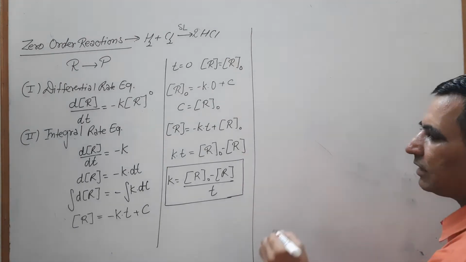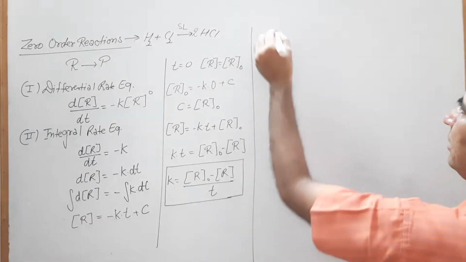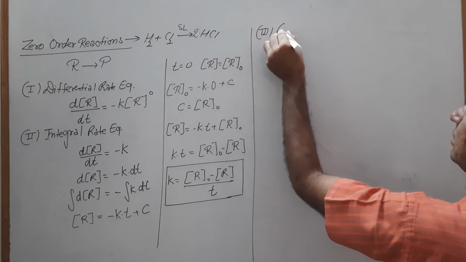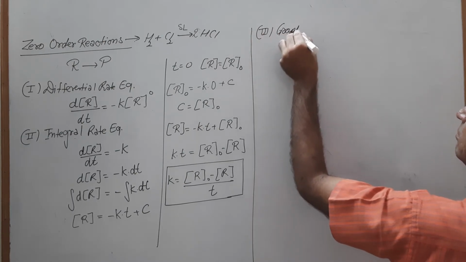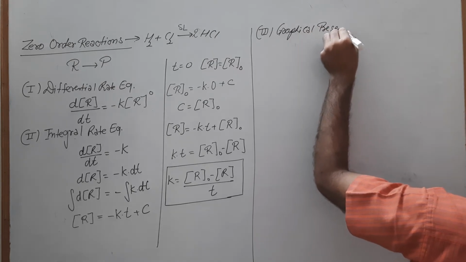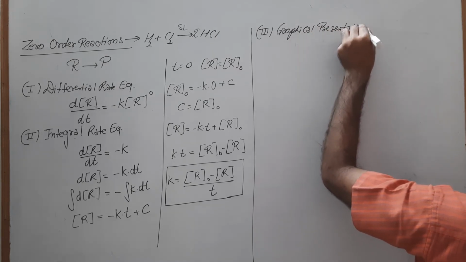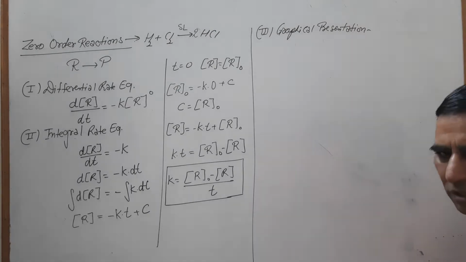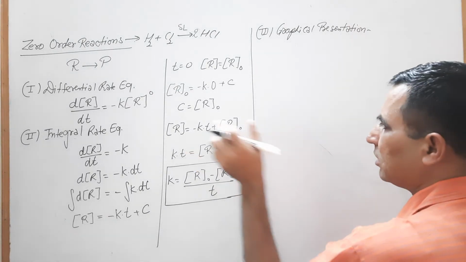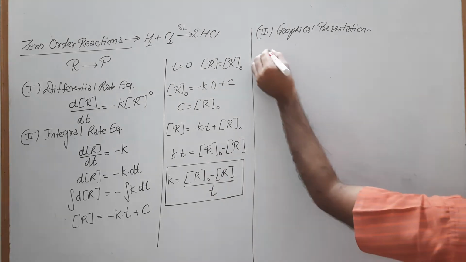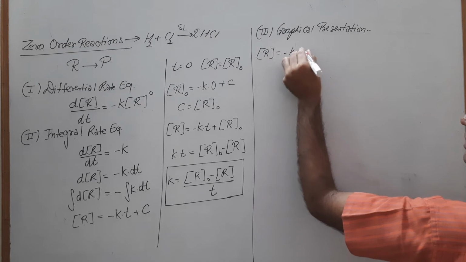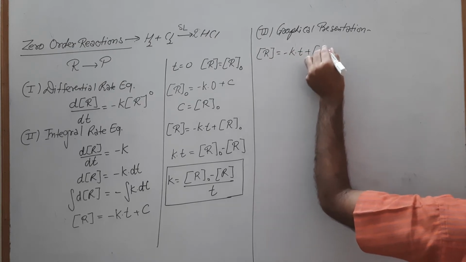Let's represent it graphically. The third step is the graphical representation for this equation. Look at this equation: R equals minus kt plus R0.